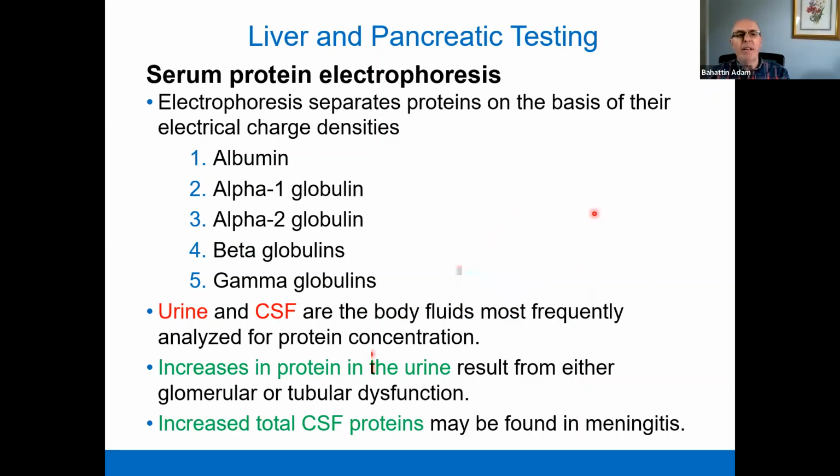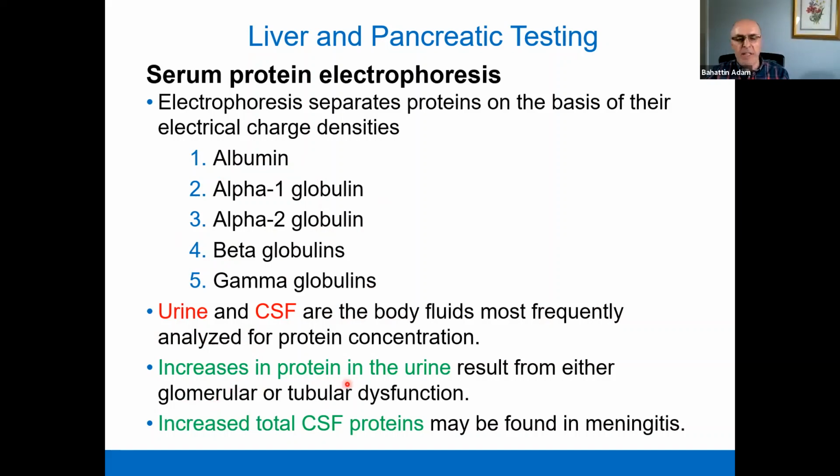Serum protein electrophoresis is something we perform in the clinical laboratory. There are 5 types that we see on the electrophoresis: albumin, alpha-1, alpha-2 globulin, beta globulin, and gamma globulin. We also measure protein in urine and spinal fluid.